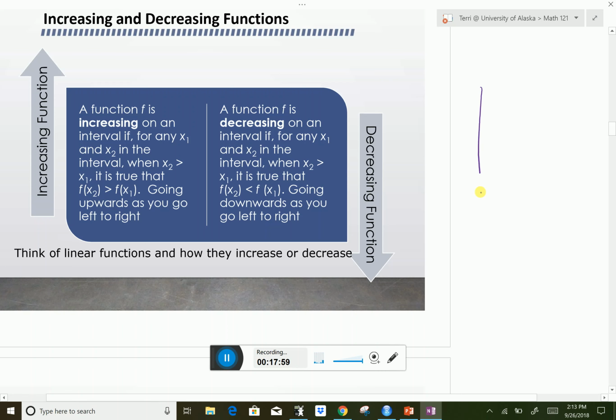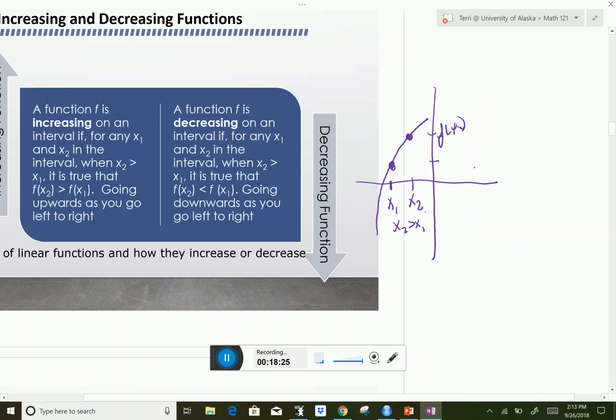So what we mean is we're increasing if I can take any 2 points, x1, x2, and when x2 is greater than x1, then f of x2 is also bigger than f of x1. And it's just going upwards as we go left to right. This is an increasing function.